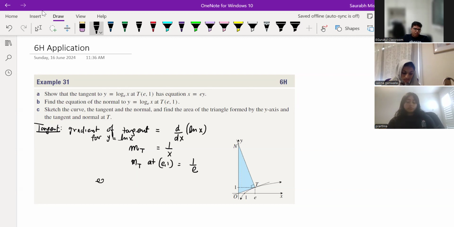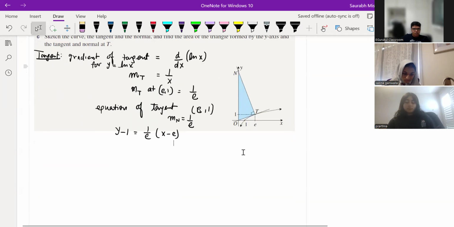Now equation of tangent then, because tangent is passing through point e comma 1 and has a gradient 1 by e, right? This is the point. So you have y minus y1 is equal to m times x minus x1.